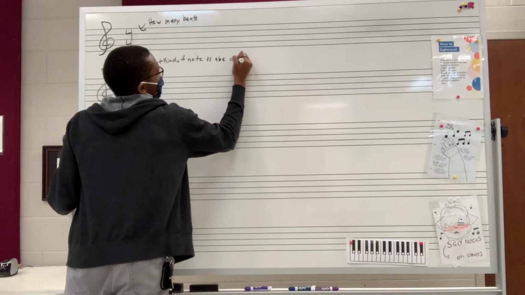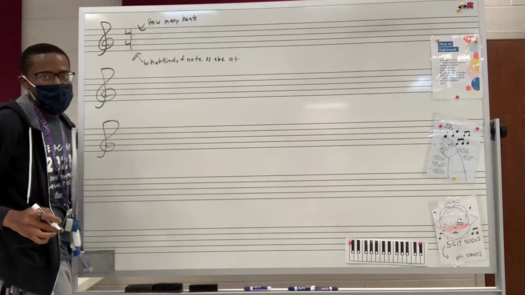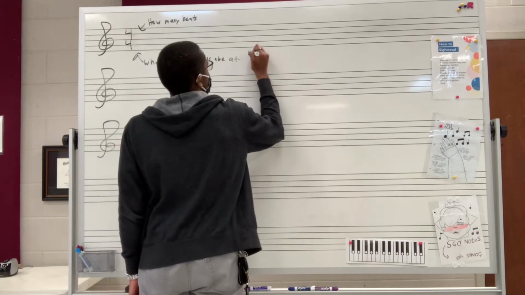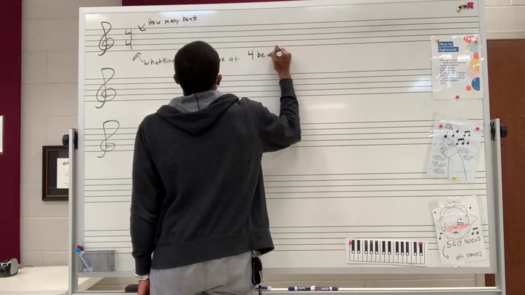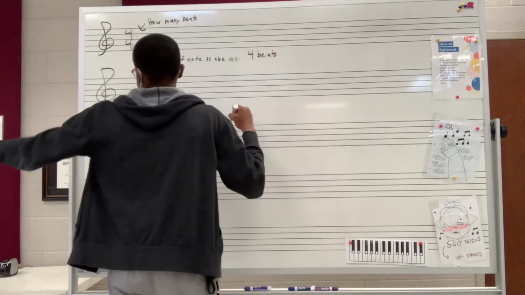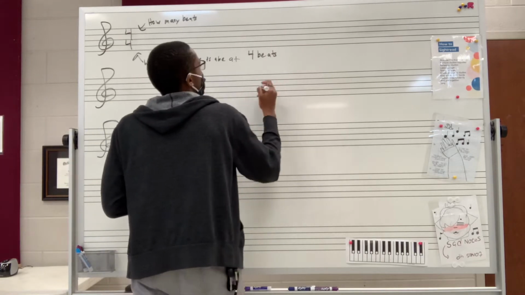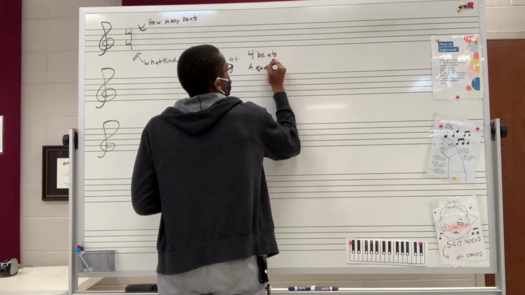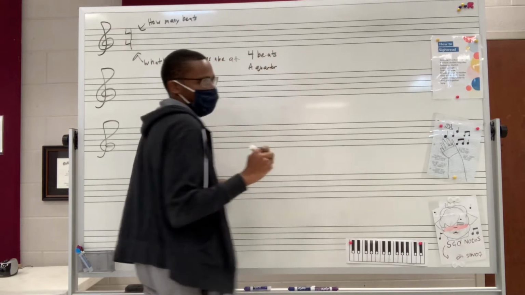What kind of note is a beat? So right here I have 4/4. When I have 4/4, that means I have 4 beats per measure, and it also means that a quarter note equals one beat.